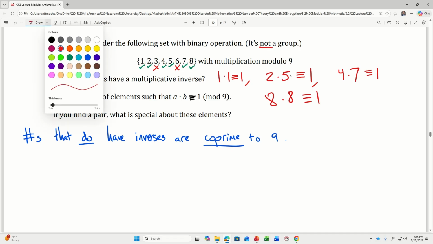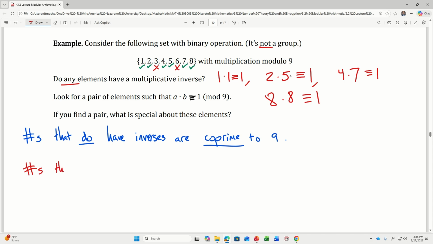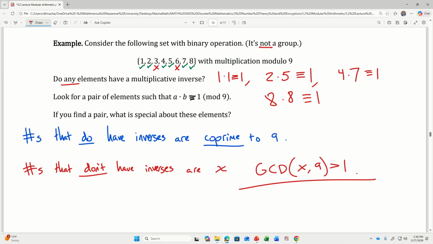The numbers that don't have inverses are not co-prime to 9. So numbers that don't have inverses are in a situation where the greatest common divisor between your number and 9 is greater than 1, right? That means it's not co-prime.